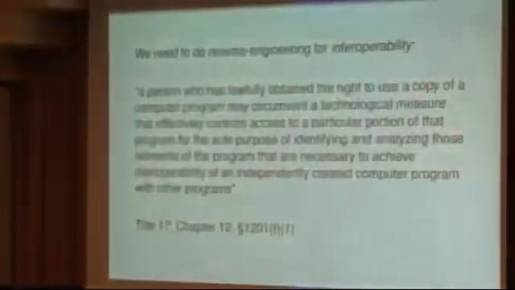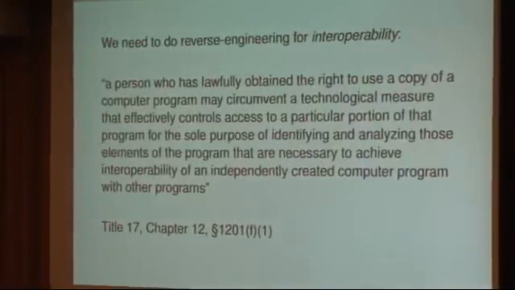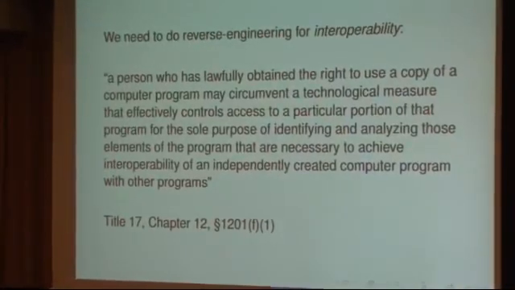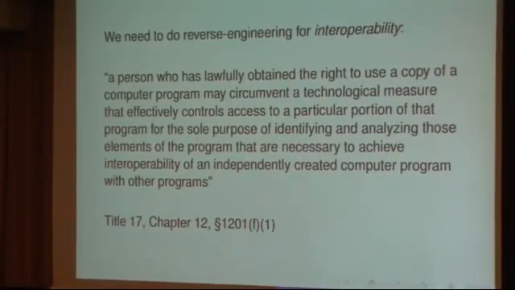Okay, and one thing is, I'm not sure if people here are familiar, there's this law in the United States called the DMCA, the Digital Millennium Copyright Act. And this can make reverse engineering kind of difficult in the US. But there's an exception in the law. If some company has a software product, and you independently create your own software product, then in order to make your independent software product interoperable with this other company's product, you're allowed to do reverse engineering for the purpose of interoperability.